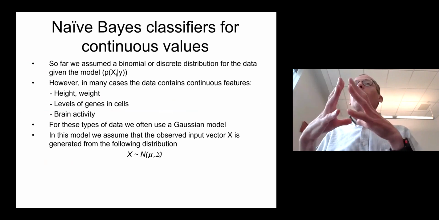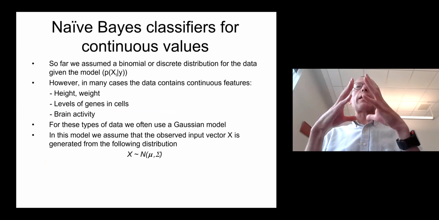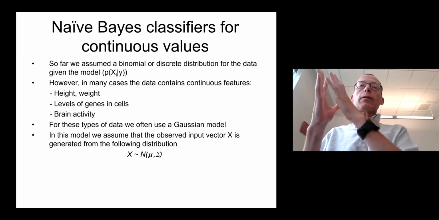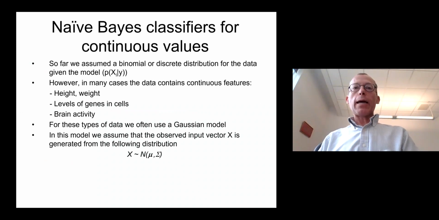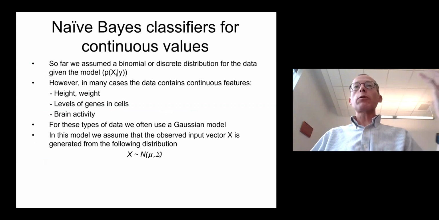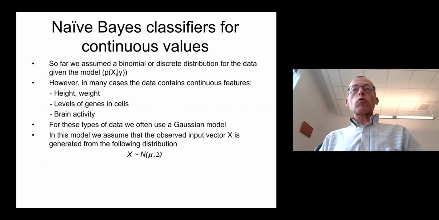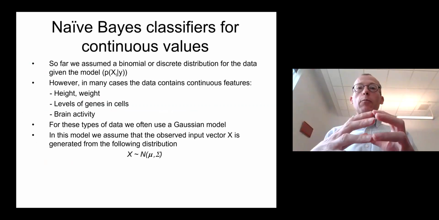Now remember, the whole idea of naive Bayes is to assume that things are conditionally independent when you condition on the class. How can we use it when we use non-discrete distributions, basically when we use some continuous distributions?